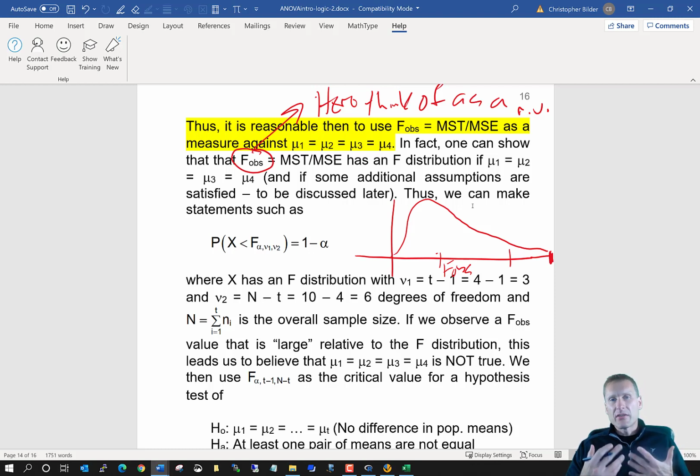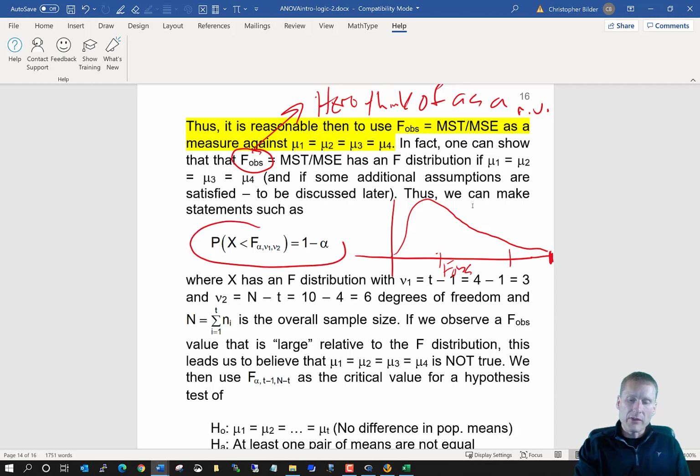So since this statistic has an F distribution, we can find probabilities associated with this particular distribution, the F distribution. The numerator degrees of freedom corresponds to MST, which has t minus 1 in its denominator.